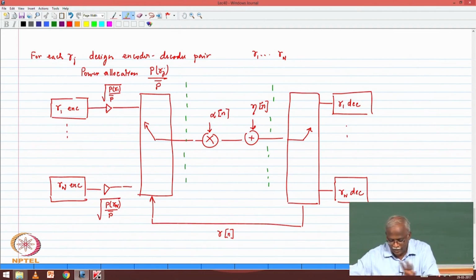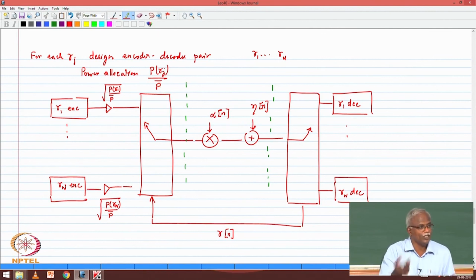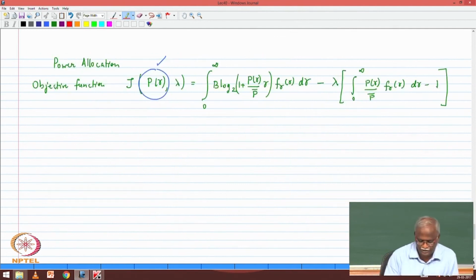And assuming that the channel is constant for a period of time, this packet of data will go through and I will achieve the best possible performance for all SNR conditions. So it's a combination of the concept plus a practical realization, but the assumption is that somebody has told me what is the optimum power allocation. So today's class is all about how we find the optimum power allocation and how to leverage that. So let us focus on that.